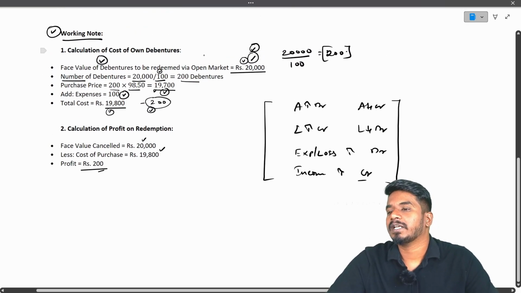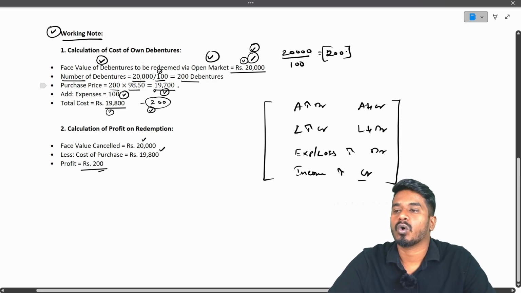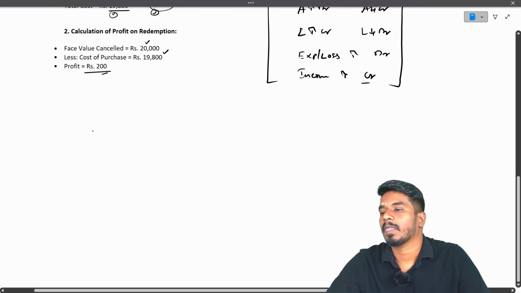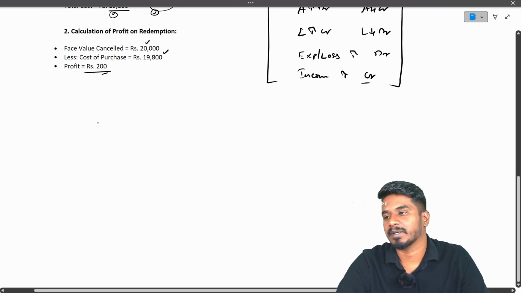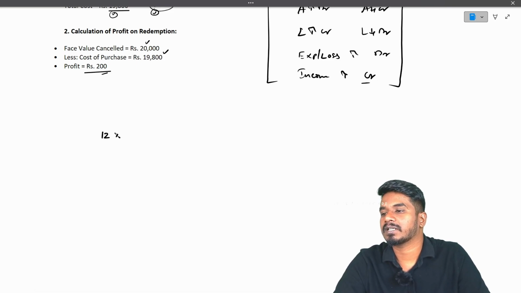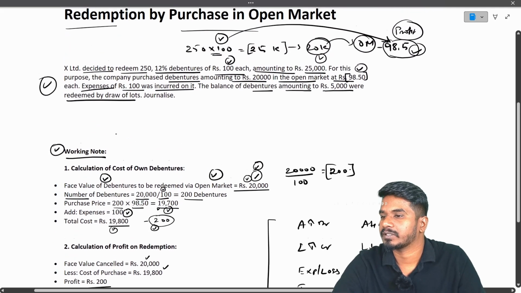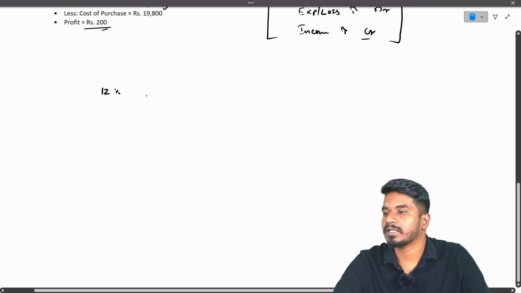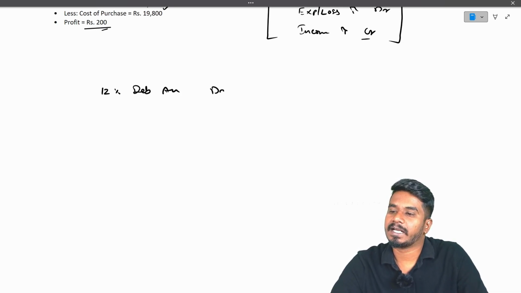The first thing, we are purchasing from open market, so obviously we need to reverse the debenture account. The 12% debenture account will get debited.